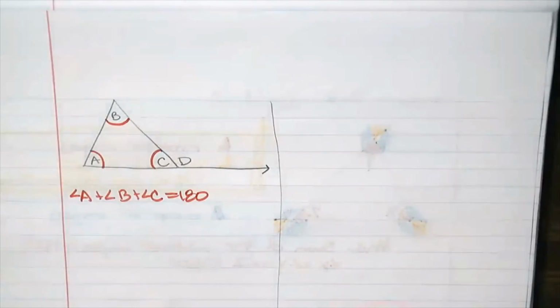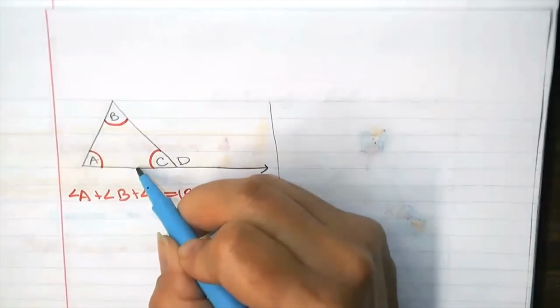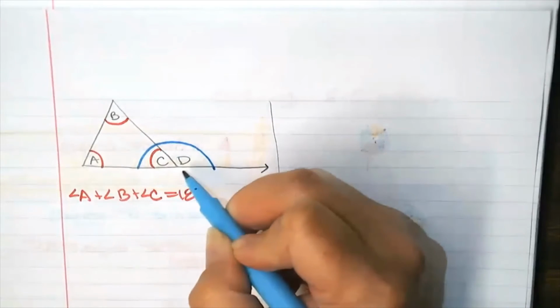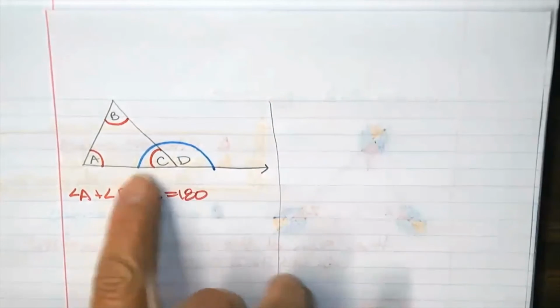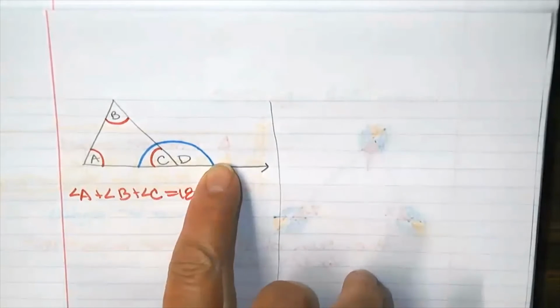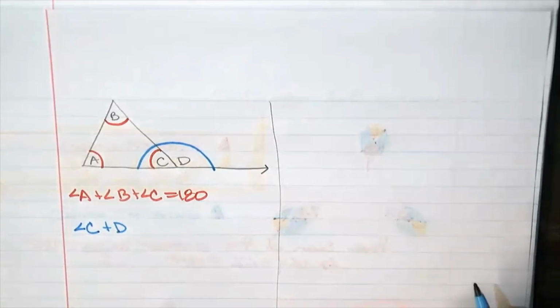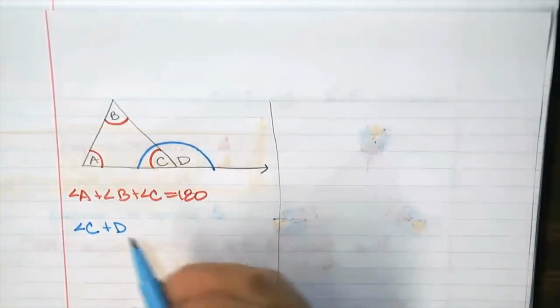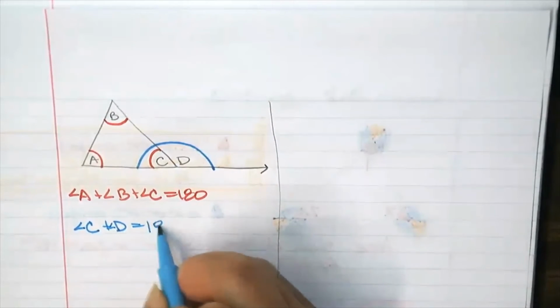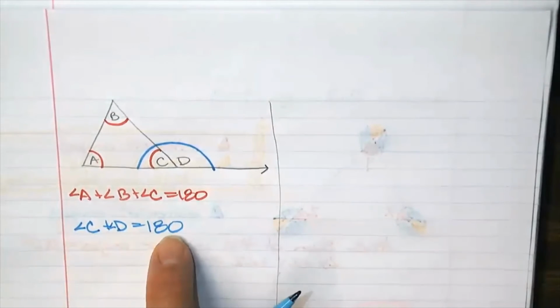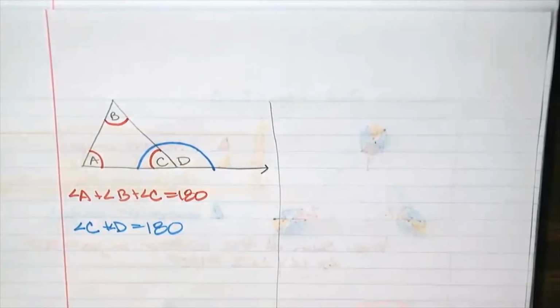We also know that two angles that form a straight line, angle C plus angle D, supplementary angles, equal 180 degrees. So angle C plus angle D equals 180 degrees.